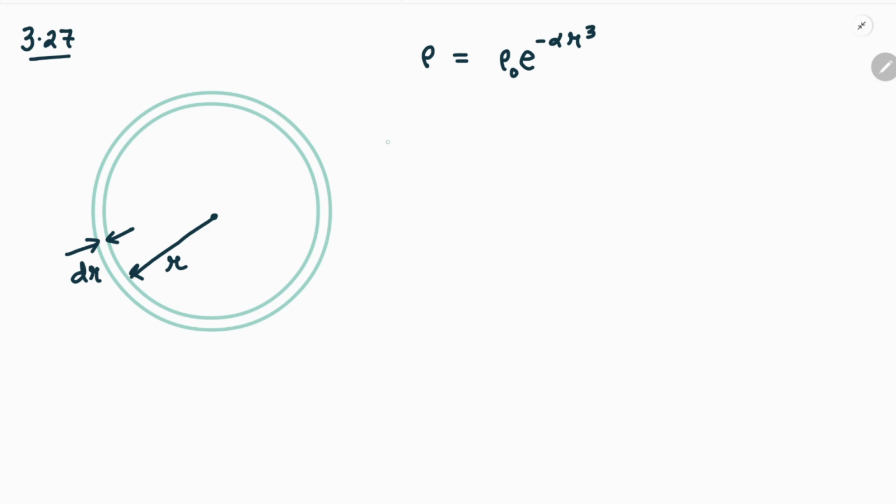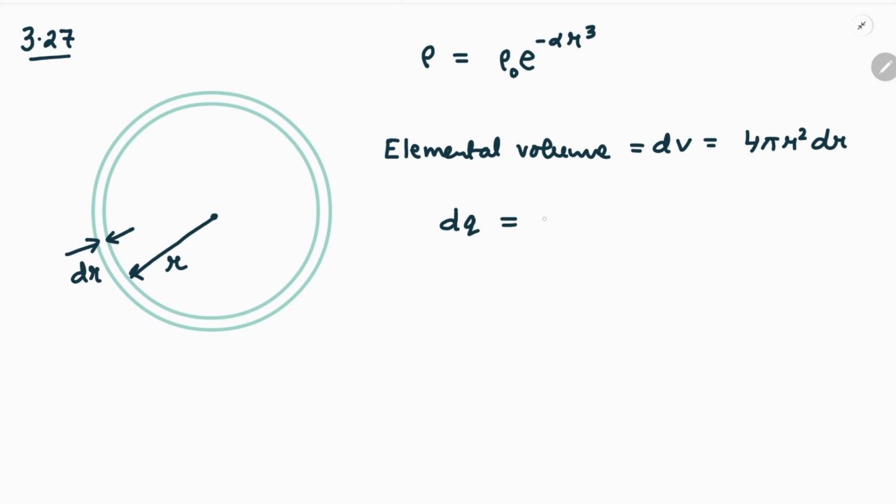So if I consider the elemental volume, which we consider as dV, equals 4 pi r square dr, and therefore if I calculate the charge dq, then dq is equal to rho dV.